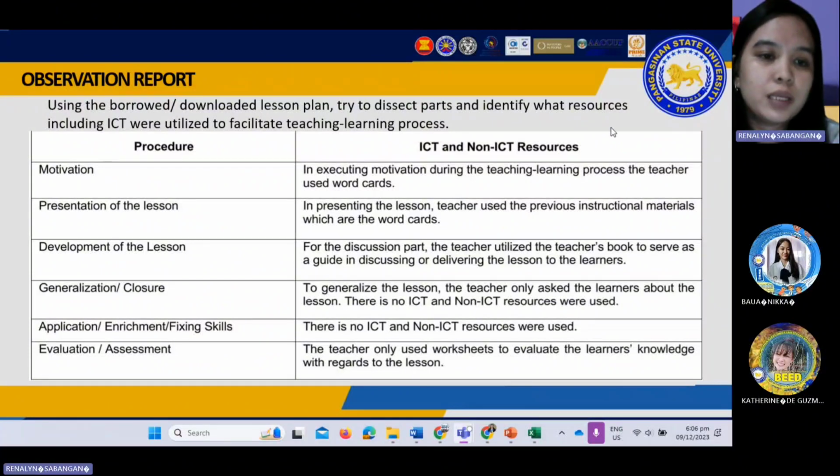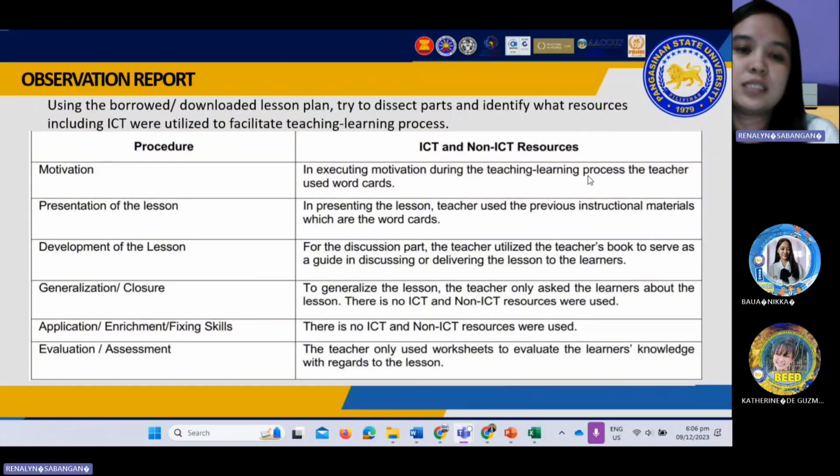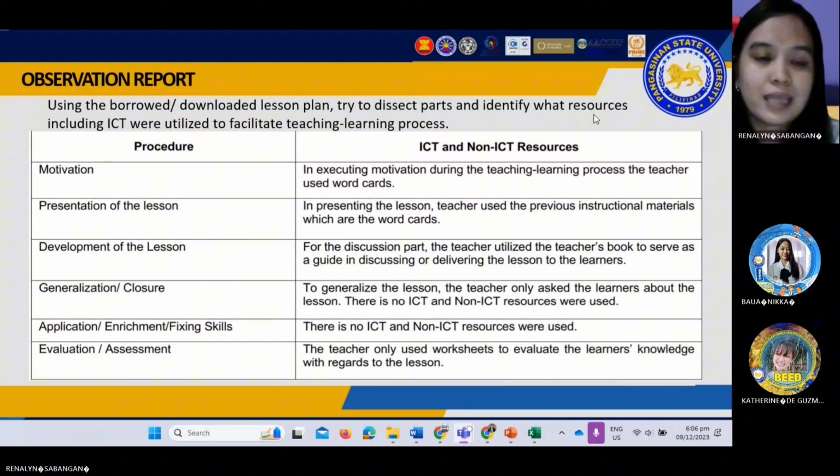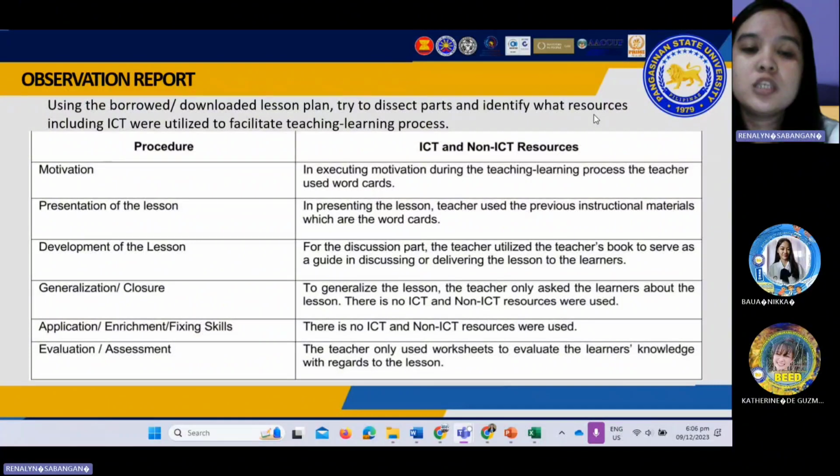Next, we have the application or the enrichment, fixing skills. In this part, there is no ICT and non-ICT resources used by the teacher. Next, evaluation or the assessment. In this part, the teacher only used worksheets to evaluate the learners' knowledge with regards to their lesson.